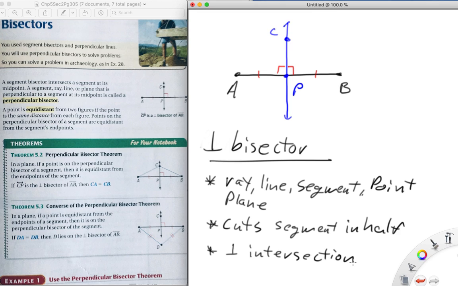With that information in mind, we have something called the perpendicular bisector theorem.